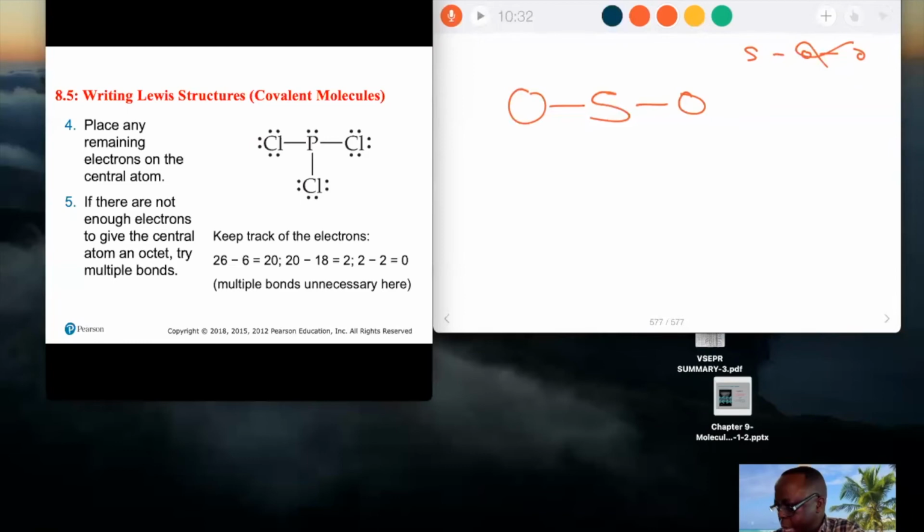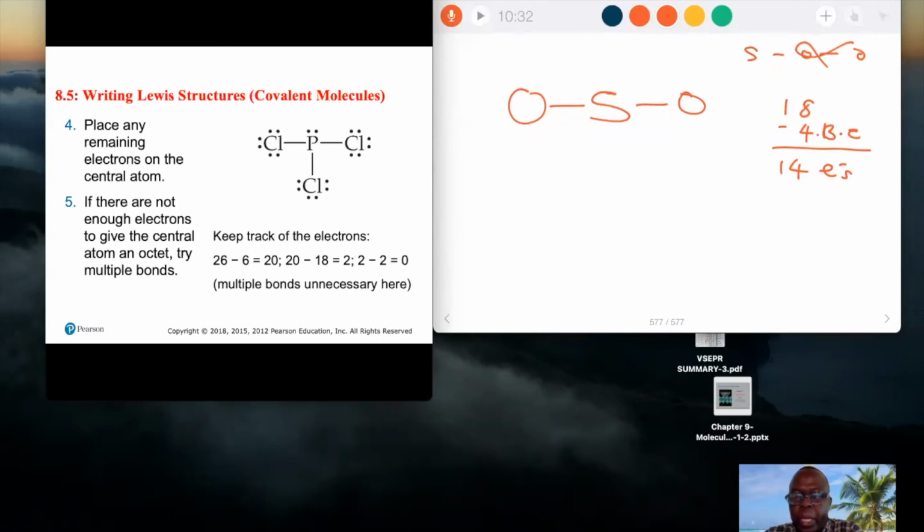So we do 18 minus 4. We have used 4 as bonding electrons, right here, with 14 electrons remaining.